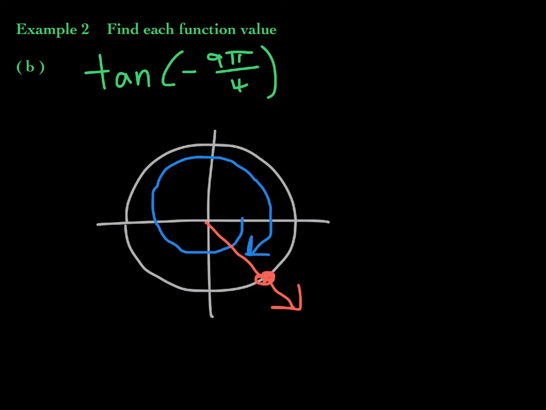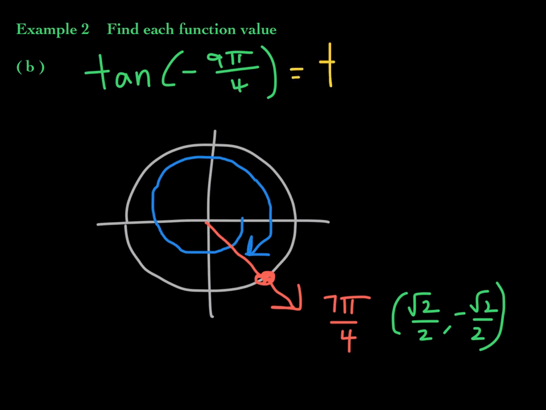Now, if you look at the unit circle, this is the same location as 7 pi over 4. Look at your unit circle. The coordinates there at 7 pi over 4, you can confirm, are root 2 over 2 and negative root 2 over 2. So then what we can write is, watch this, tangent of negative 9 pi over 4 will be equivalent to tangent of 7 pi over 4, right?